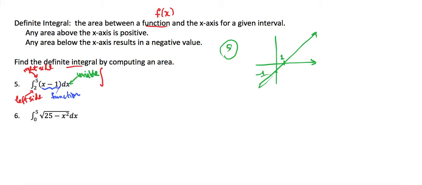And compute the area between x equals 2 and x equals 5. Let me extend this out here just a little bit further. Between x equals 2 and x equals 5.